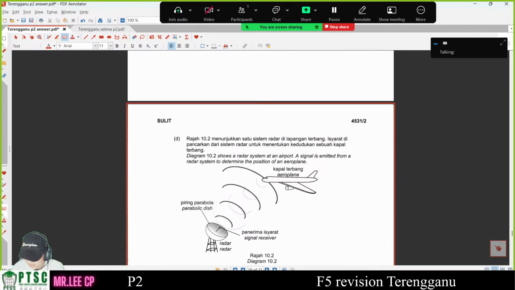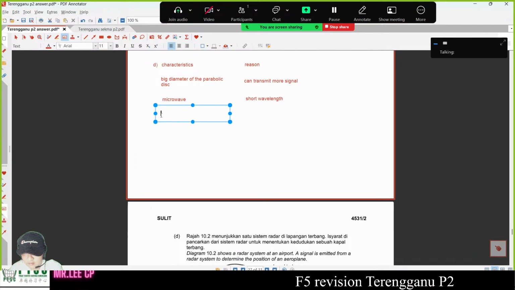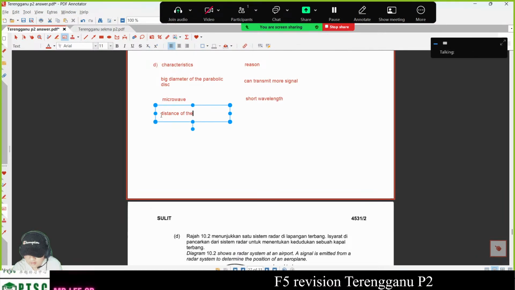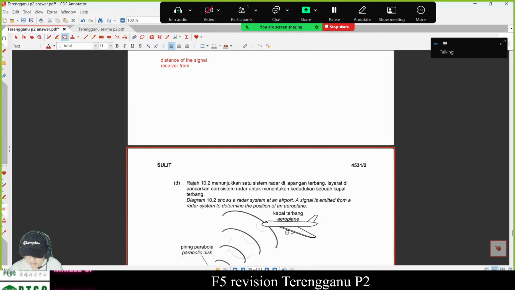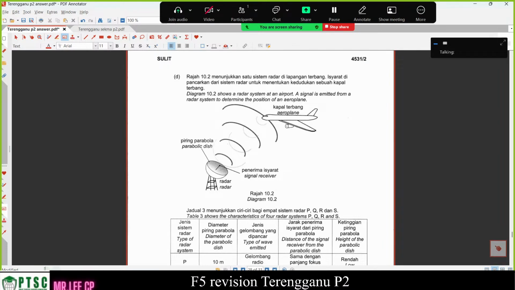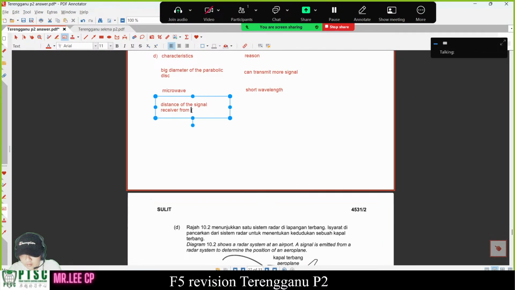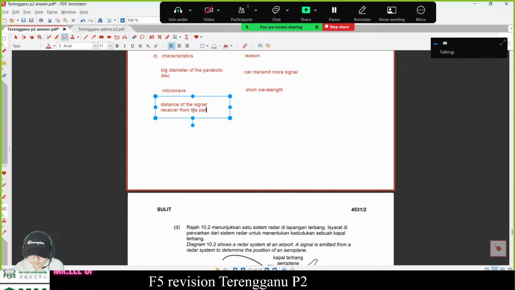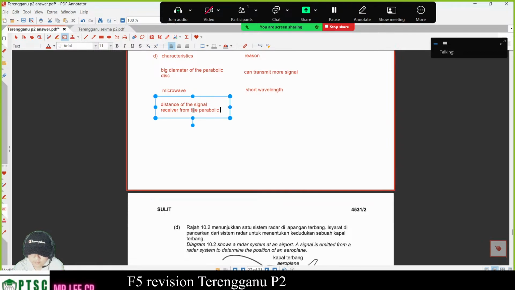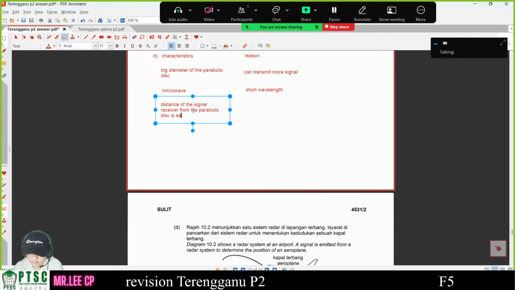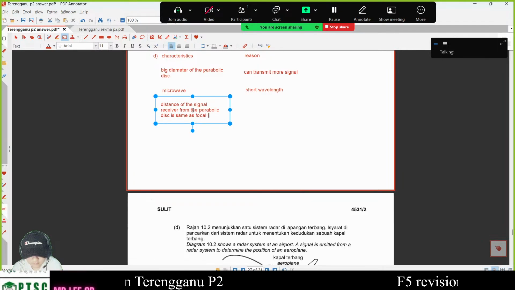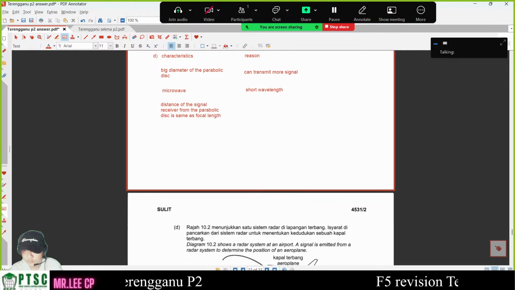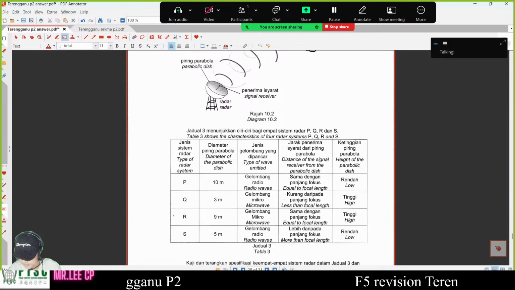Distance of the signal received, same as focal length, right?